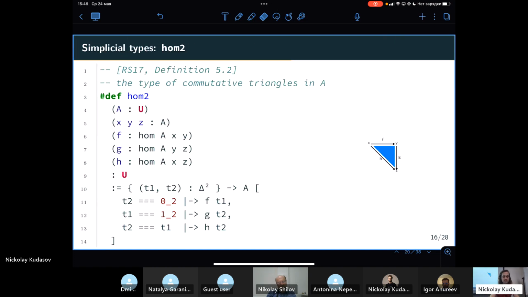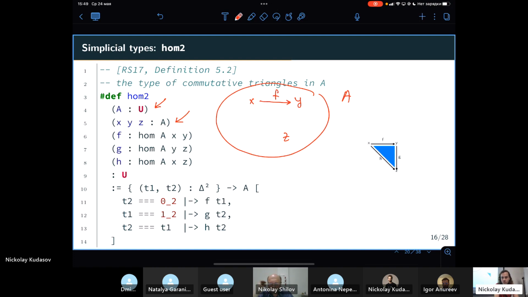Now here you can see that we start with the type A, 3 points in that type. So we have X, Y, and Z all in type A. And then we have this F, which is a hom in type A from X to Y, which means that essentially this represents some arrow from X to Y in type A, right?